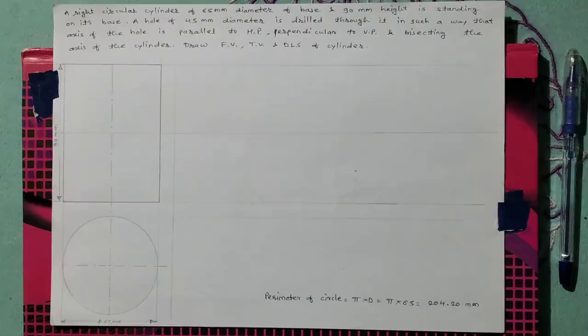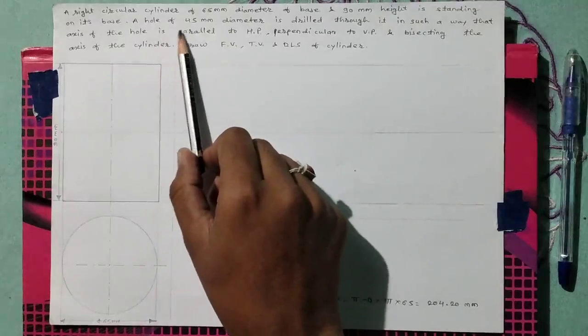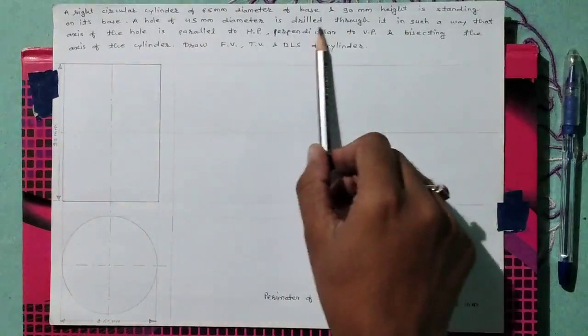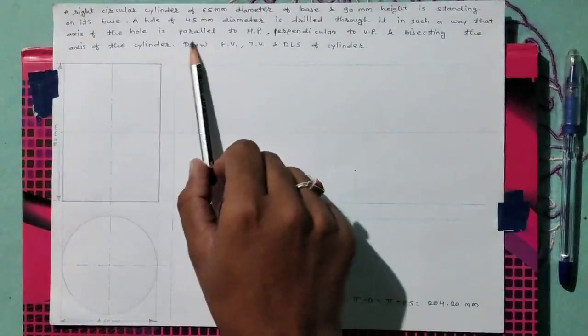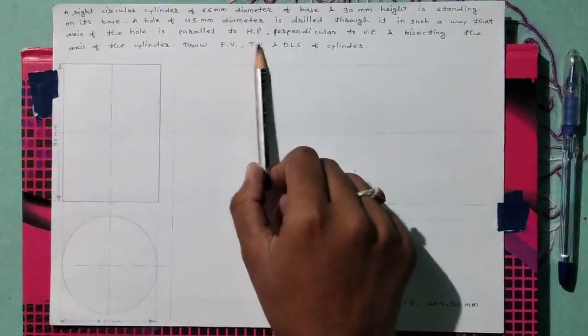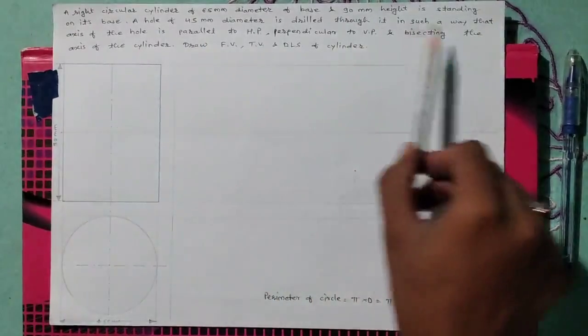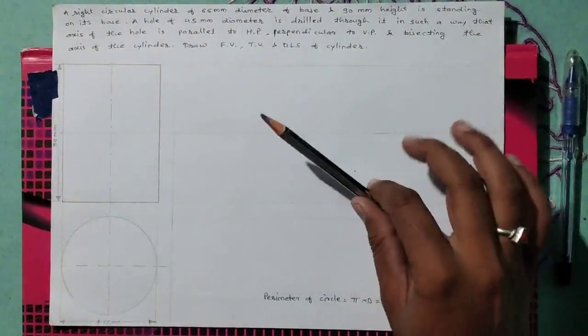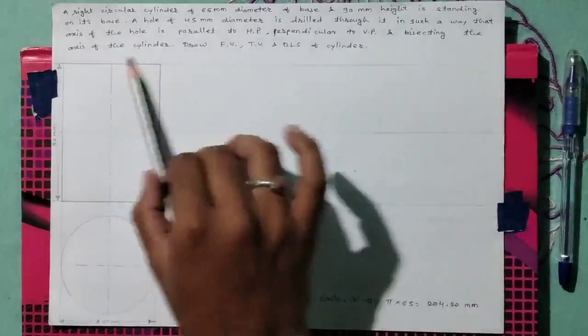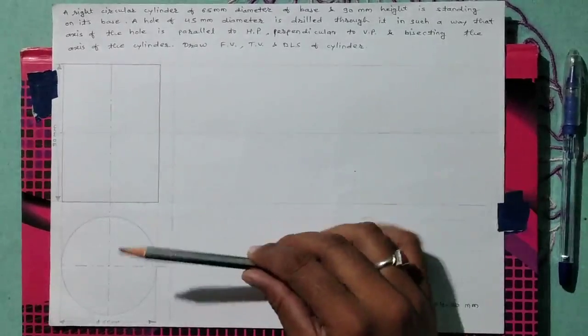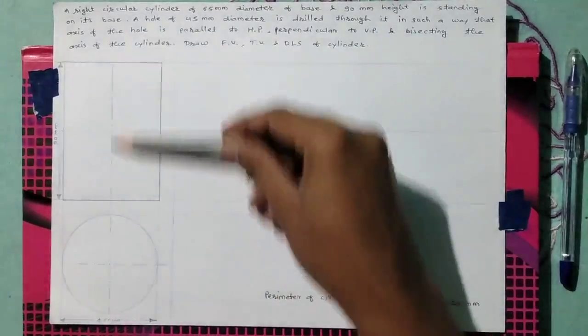The next condition is that a hole of 45 mm diameter is drilled through it in such a way that the axis of the hole is parallel to the horizontal plane, perpendicular to the vertical plane, and bisecting the axis of the cylinder. Here the condition is bisecting the axis of the cylinder, therefore we have to divide this axis.